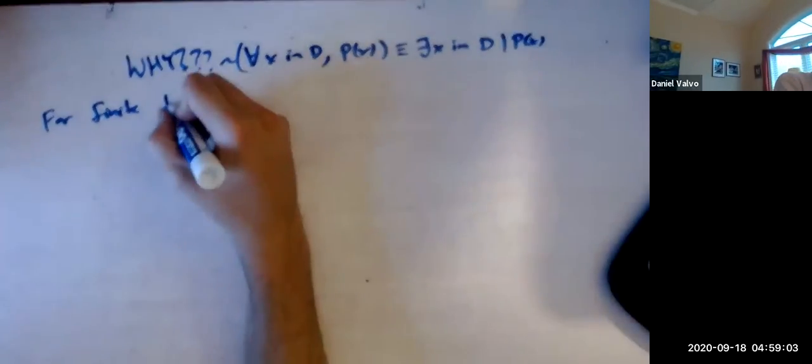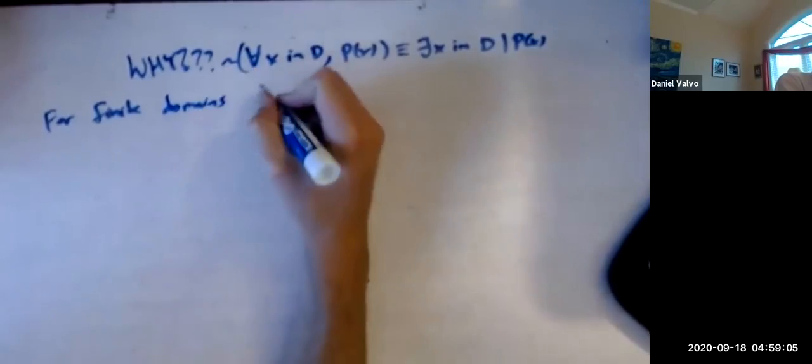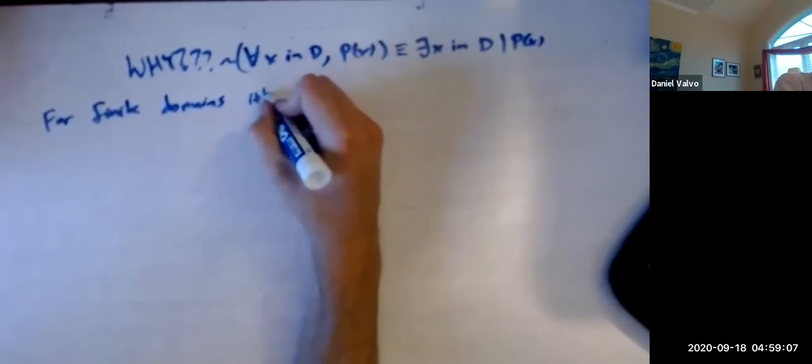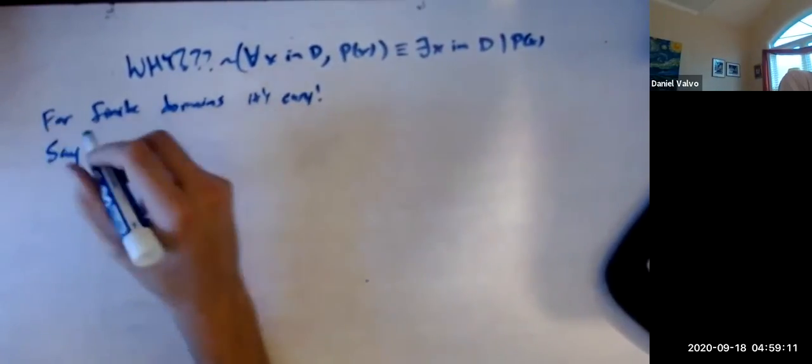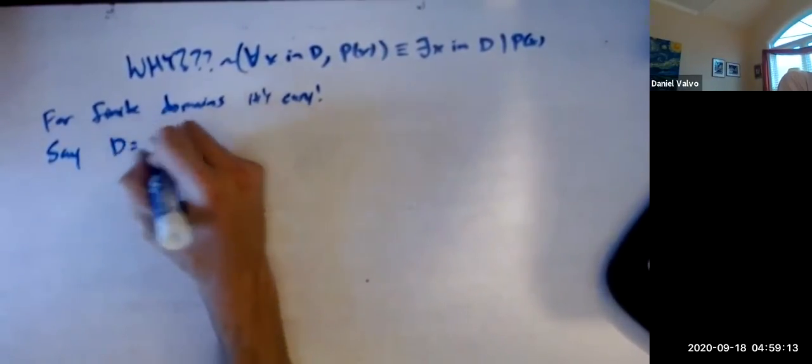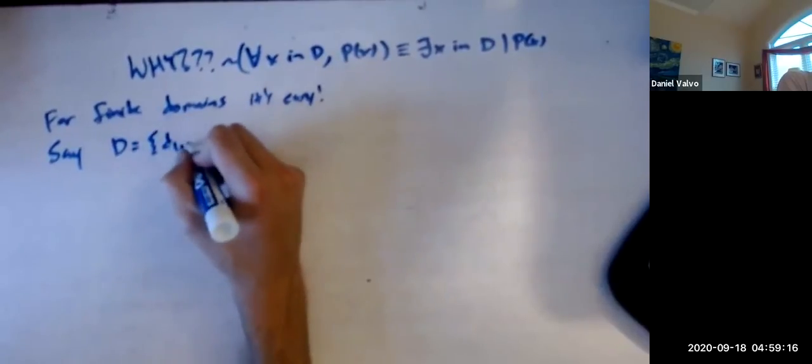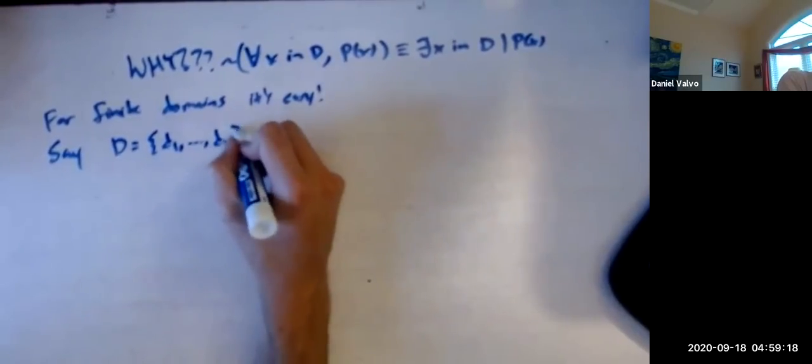So for finite domains, it's easy. Say that D is finite, so it's going to equal the set D1 through Dn.